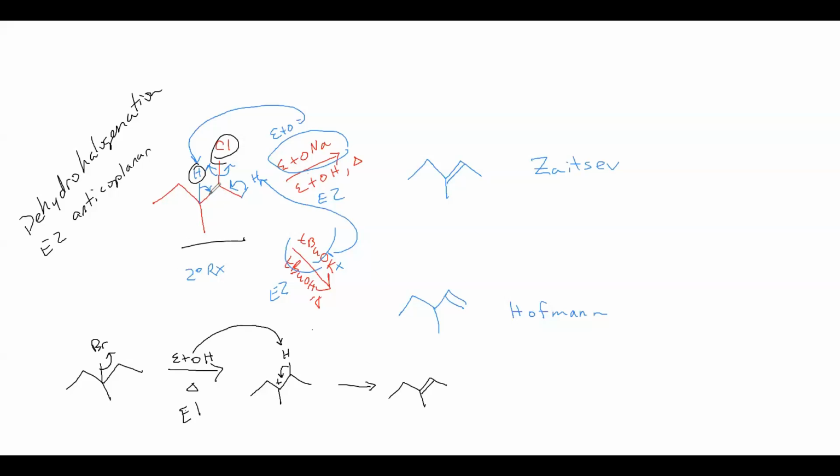This particular example where we have a linear type structure, we can rotate around this sigma bond. And so it's easy to rotate this so that that chloride is actually anti-coplanar to the proton.